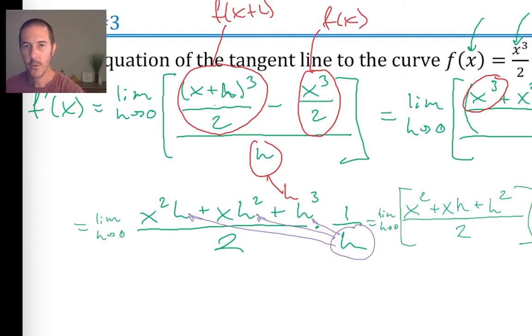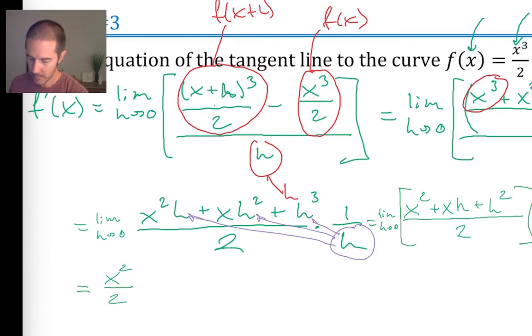In our numerator, we have a polynomial, which is continuous everywhere, so I can solve my numerator by direct substitution. The denominator is a constant value, so it's going to stay the same, and we find that our first derivative is equal to x squared over 2.